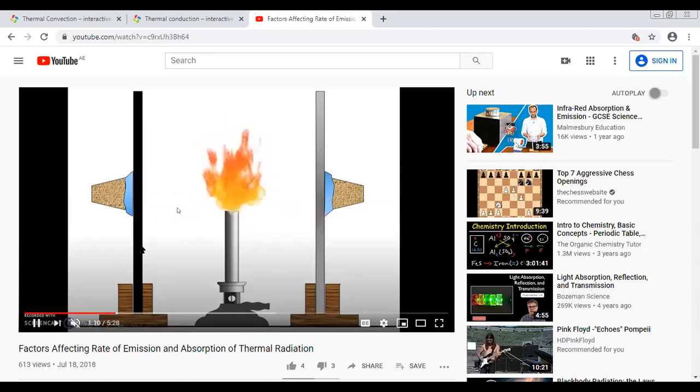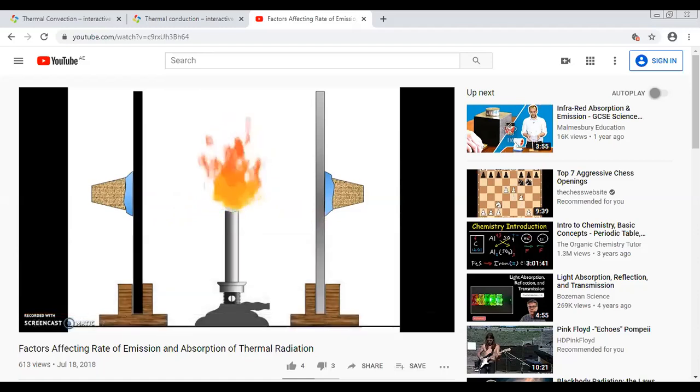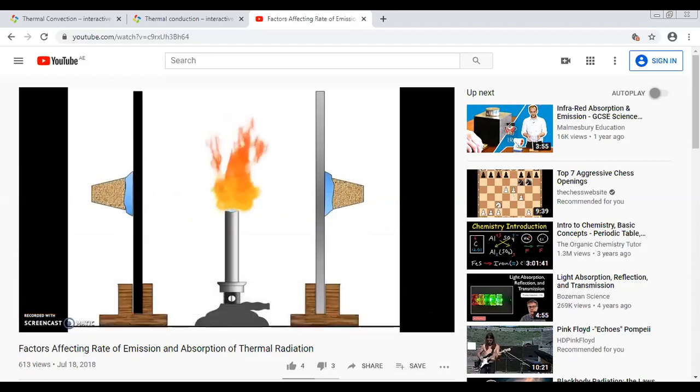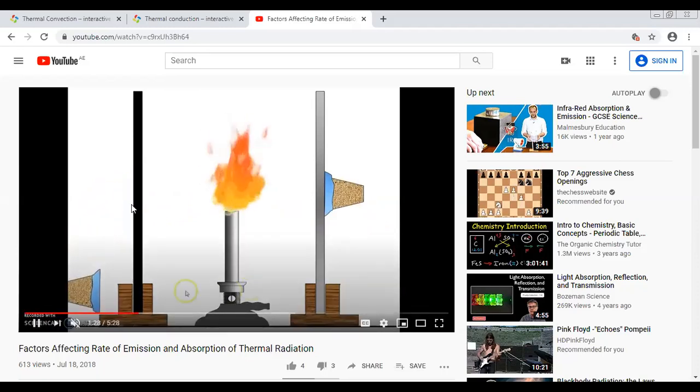So we will wait some time until we see. Yes, the wax falls down first from the black one, then the silver one.